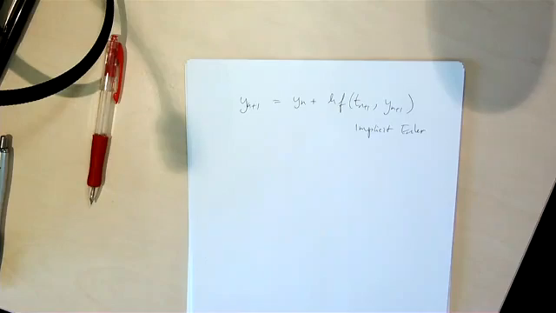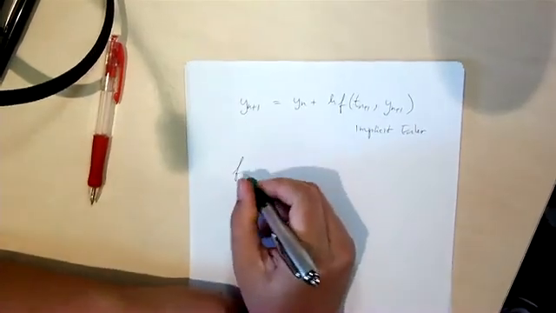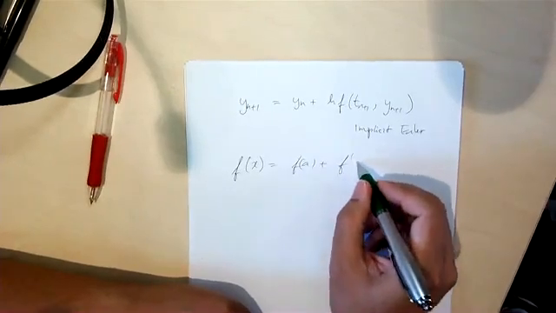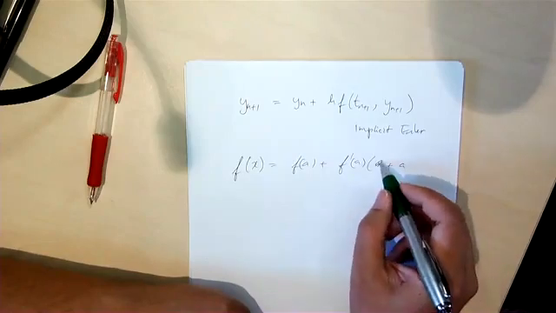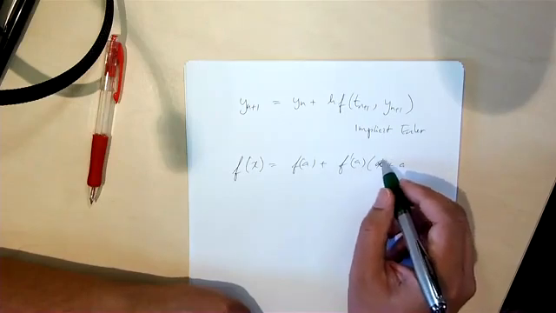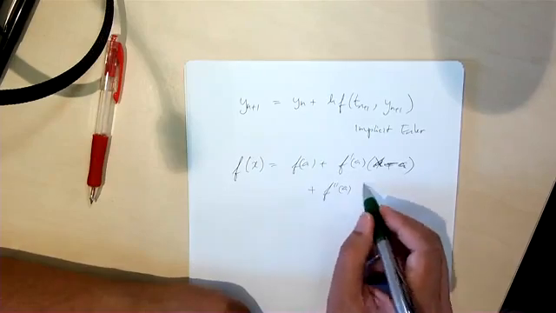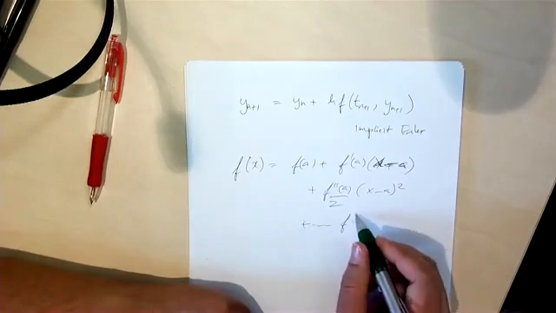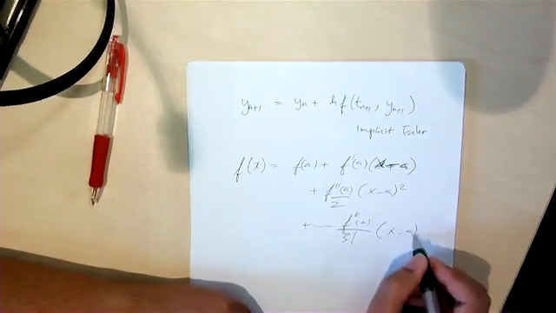You know the Taylor formula? Like this one: f of x equals f of a plus f prime of a times (x minus a), plus f double prime of a times (x minus a) squared over 2, and so on, f triple prime over 3 factorial times (x minus a) cubed.